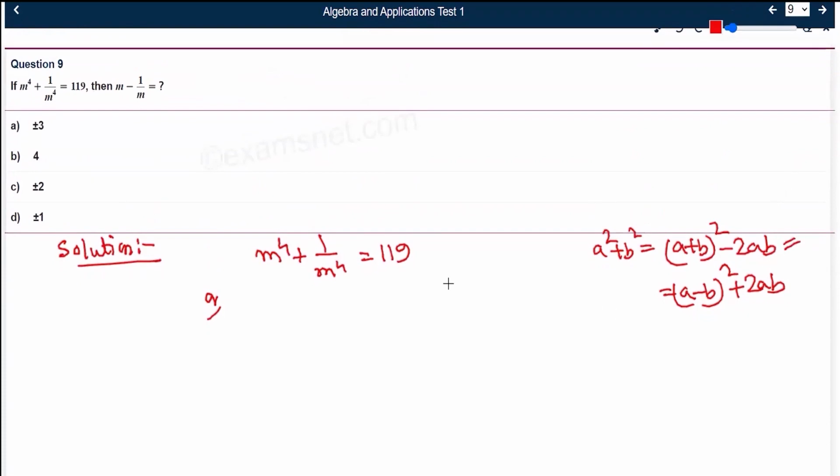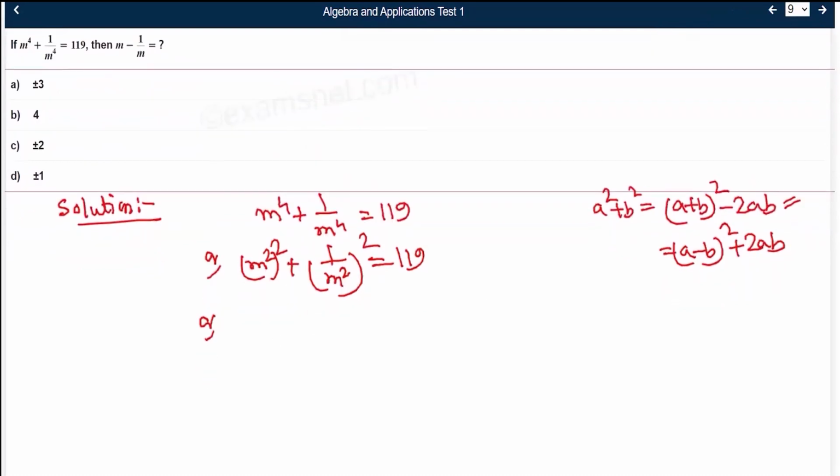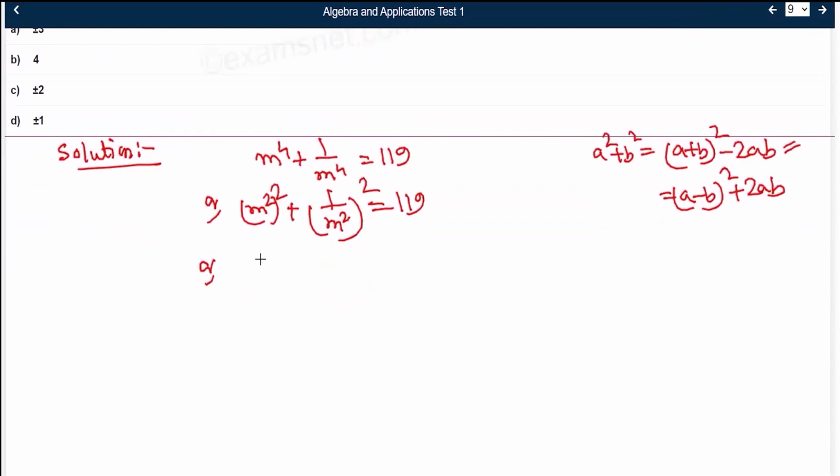first one. We can write it as m square whole square plus 1 by m square whole square equals 119. So that means here a is m square and b is 1 by m square, correct? So m square plus 1 by m square whole square minus 2 times m square times 1 by m square equals 119.